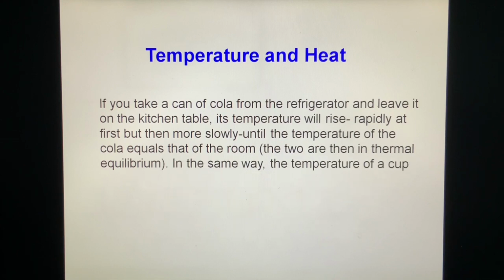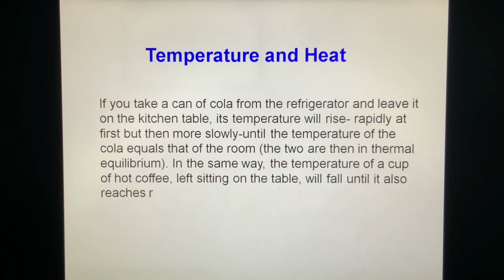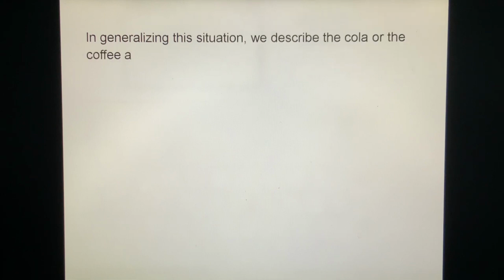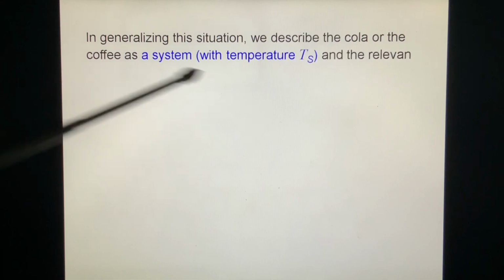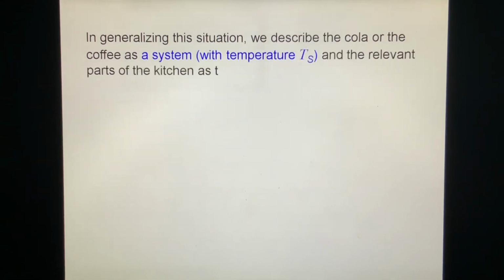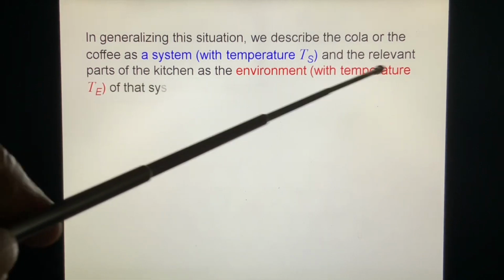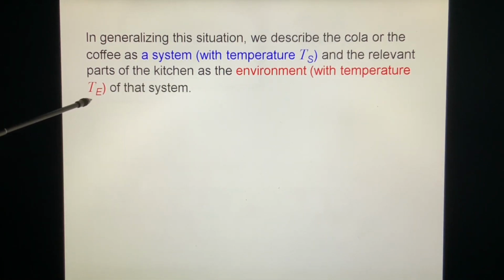In the same way, the temperature of a cup of hot coffee left sitting on the table will fall until it also reaches room temperature. In generalizing this situation, we describe the cola or the coffee as a system with temperature T_S, and the relevant parts of the kitchen as the environment with temperature T_E of that system.